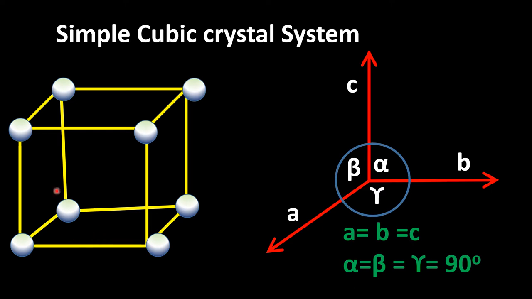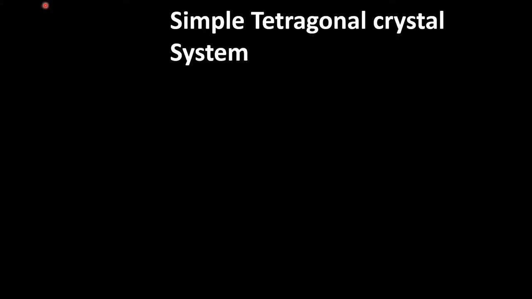Angle alpha and angle beta are the exterior angles, and this one is the angle gamma, which is the interior angle between 2 interior axes. All these angles are 90 degrees. This is the simple cubic structure.